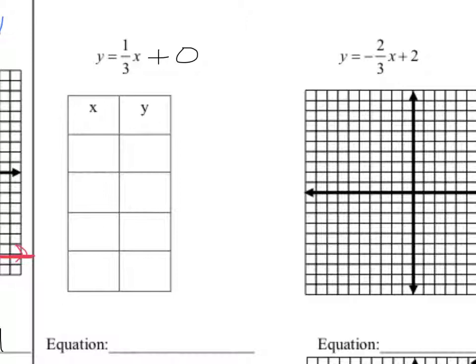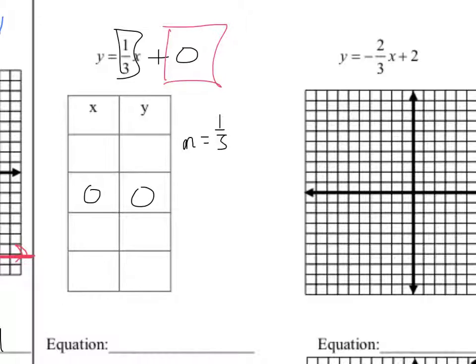So what is my x value for my y-intercept? It's always the same. 0. Which means the y value for my y-intercept in this case is also 0. So I have these 2 points. I have my slope over here, which is equal to 1/3. So my m is equal to 1/3, which is equal to my change in y over my change in x.